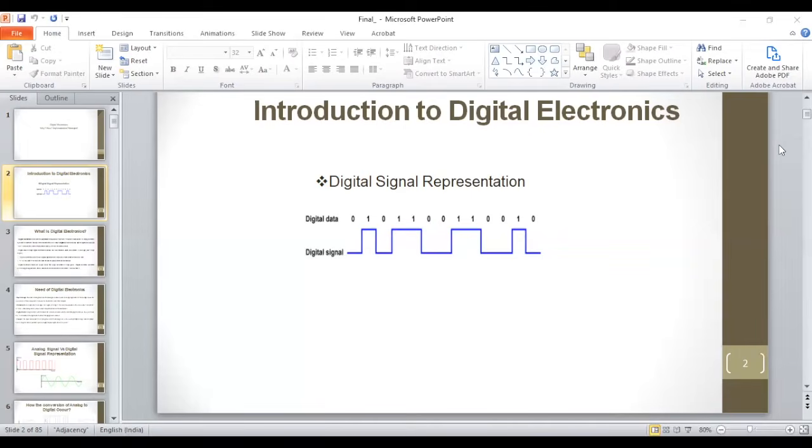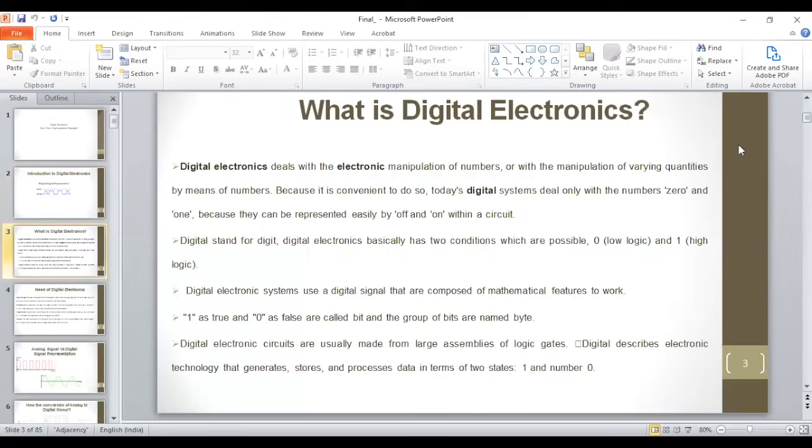So in front of you, you have a digital signal representation in which we have a 0 and a 1, right? And this is about the digital signal representation. I hope I make it clear.